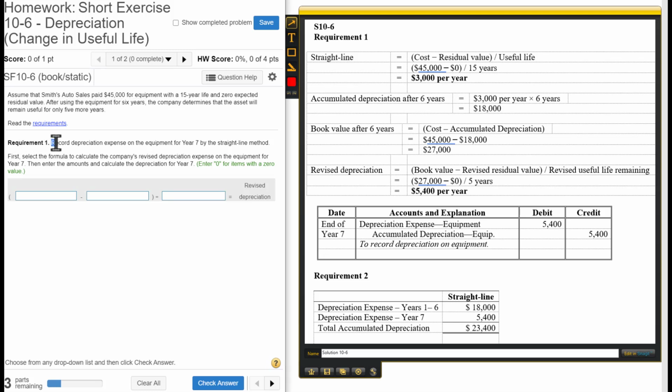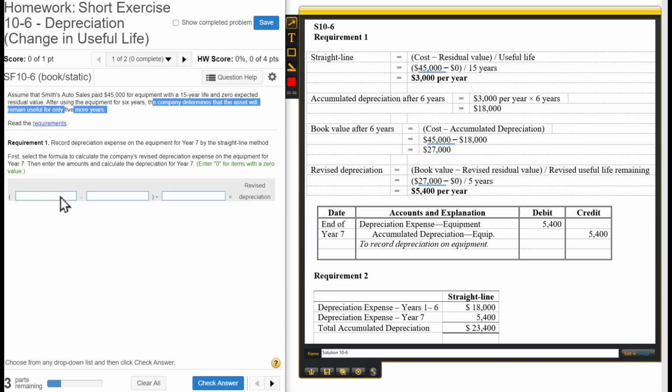So now it says requirement 1, record depreciation expense on the equipment for year 7 by the straight line method. Now remember, for the first 6 years the estimates do not change, but in the 7th year the company determines that the asset will remain useful for only 5 more years.